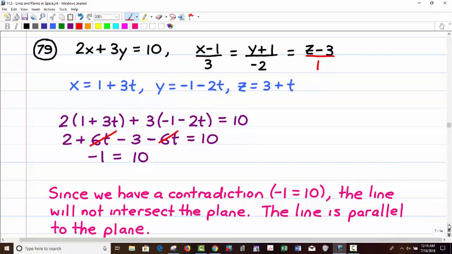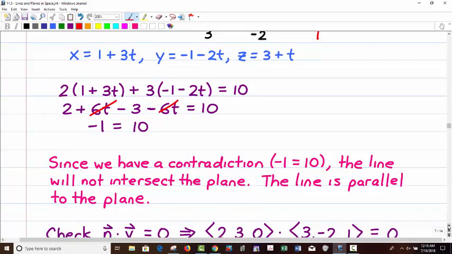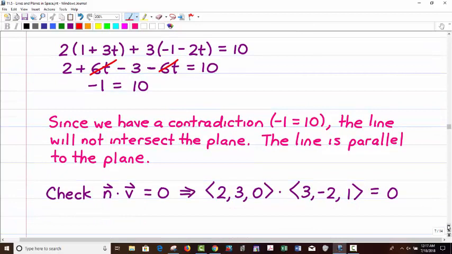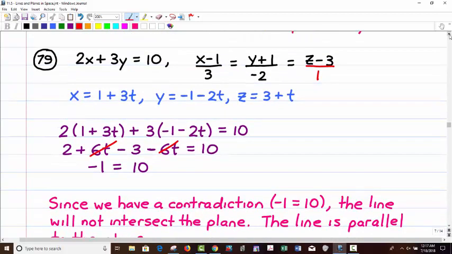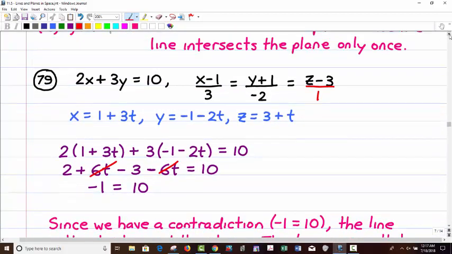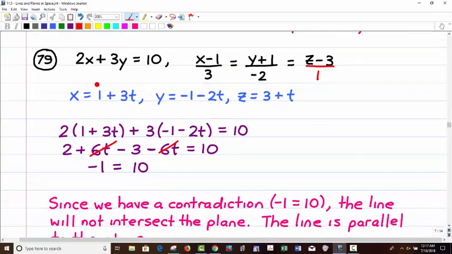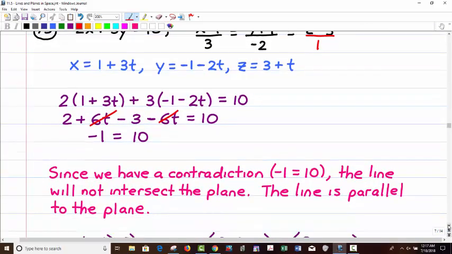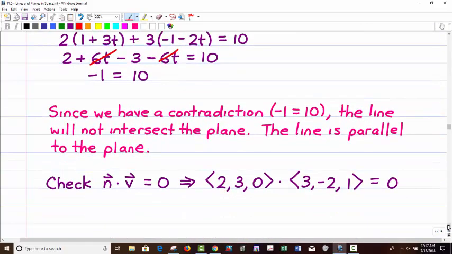All right, and now let's look at the one where the line is on the plane. I don't think this was necessary, but I did take the normal vector for the plane and I dotted it with the direction vector for the line. So there they got 0.